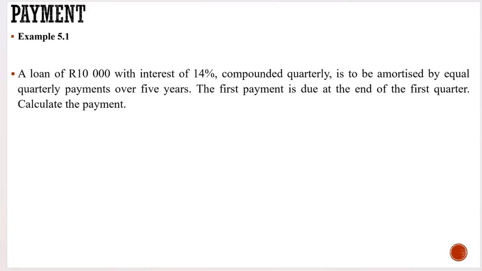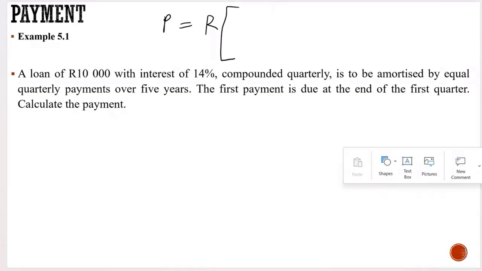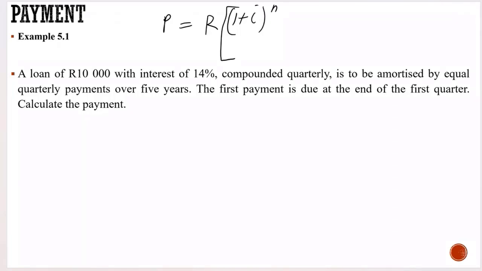We know the present value of an ordinary annuity, recapping from the previous sessions, is equal to R into 1 plus i to the power n, minus 1, divided by i into 1 plus i to the power n. This is the formula that we are using to calculate payments.